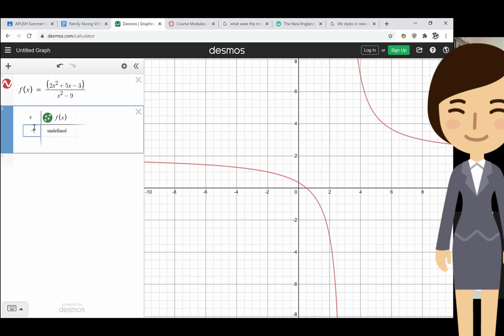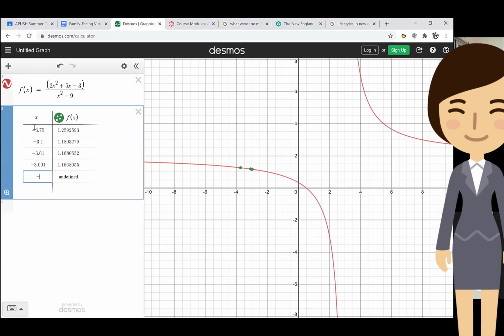So the first one is -3.75. The next one is -3.1. Next one is -3.01, and the last one is -3.001. And then just for kicks, put -3. And you can see it's undefined.